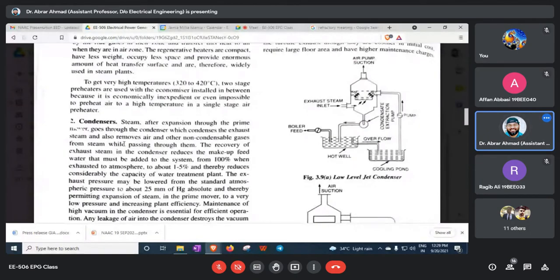Once the steam passes through the turbine, the task of that steam is over, and now it has to get back to water, convert into water, and then that water is required for redoing the same process, or looping the same process.